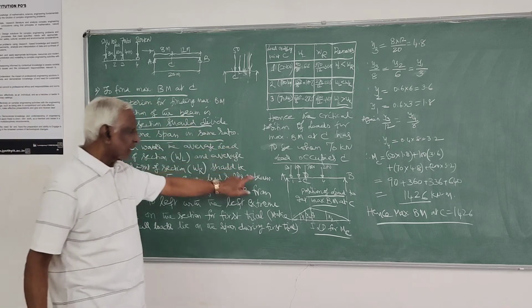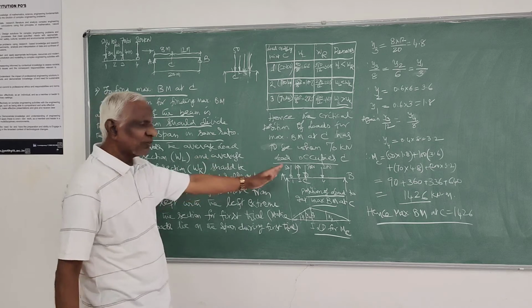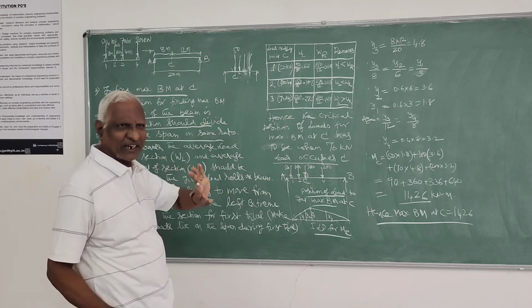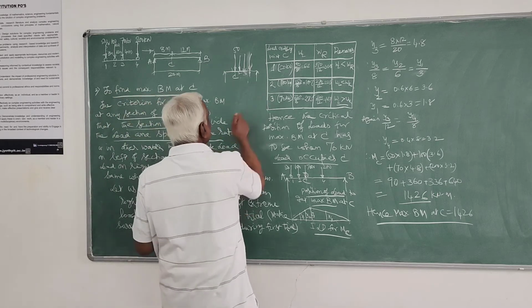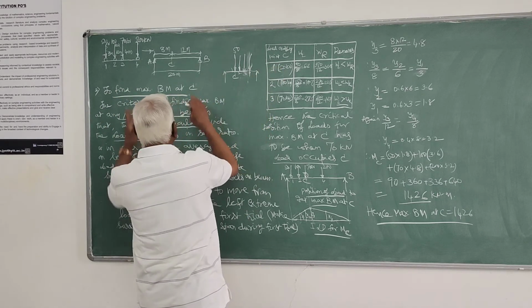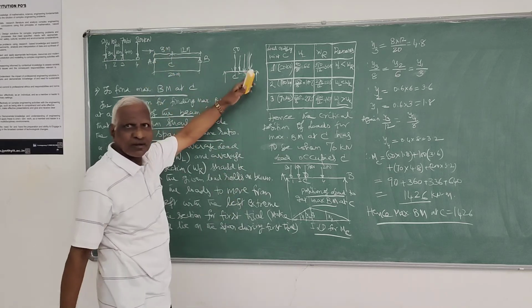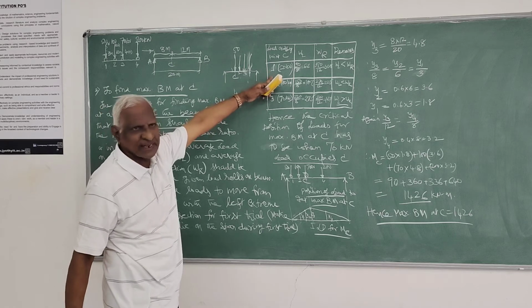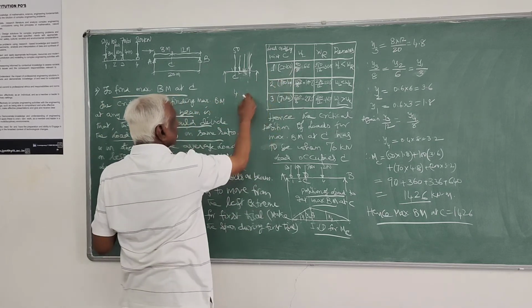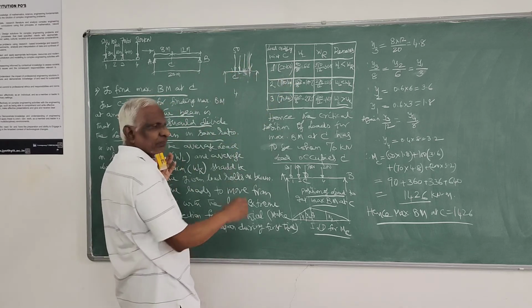So you can try whether you are going to get the same result by allowing the load to move from left to right. Just as a curiosity, suppose I say the first load crossing from left to right is load 4. Because the right extreme load has to be placed there. So if I place 4 there, then the average load on the left side will be 200 by 8.